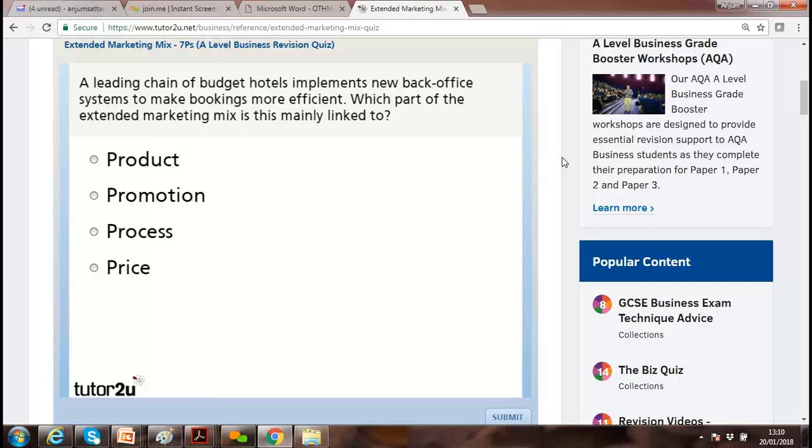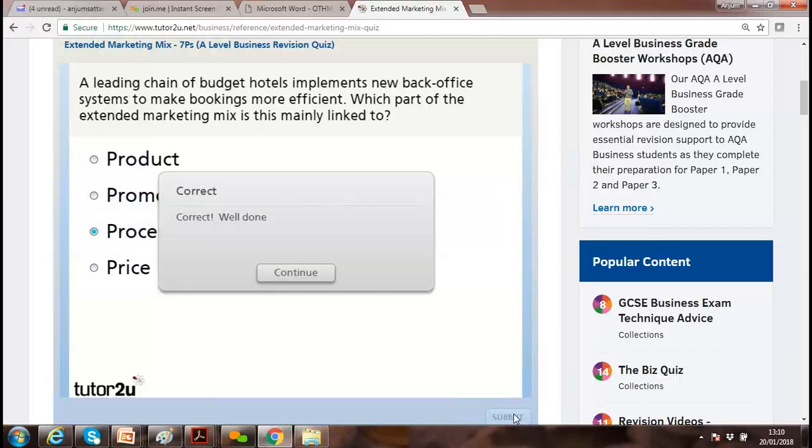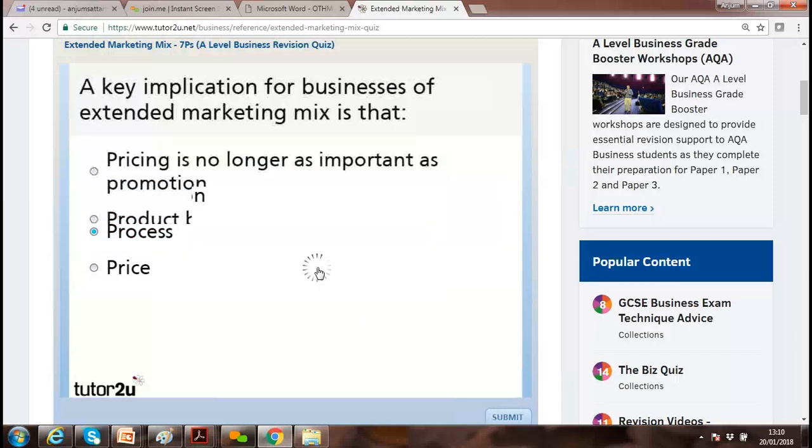Either product or process. Process? Yeah. Well done. Correct. Good.